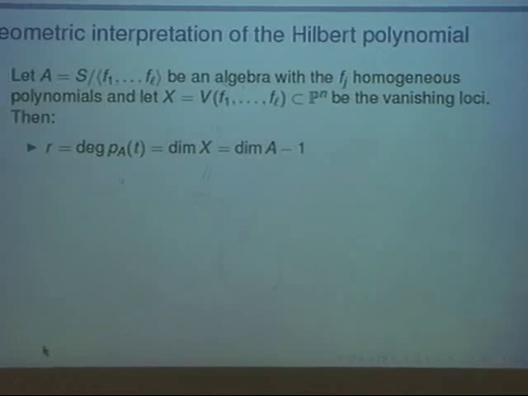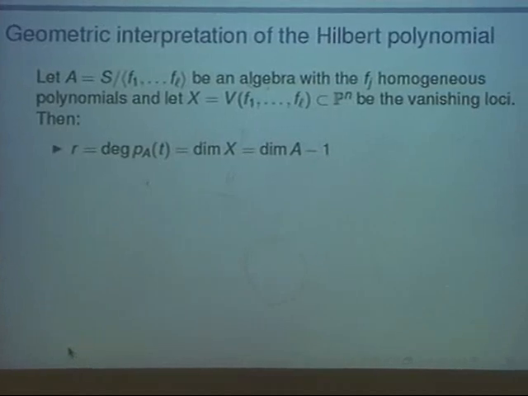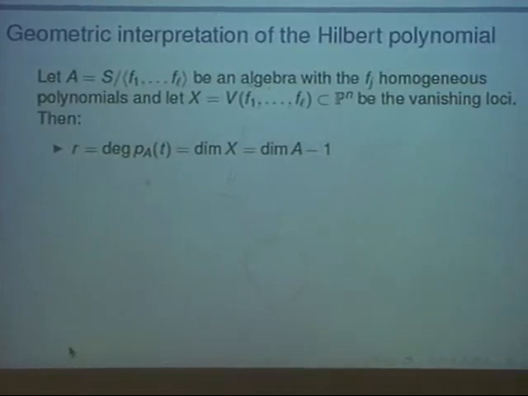Let's talk about the basic facts about the Hilbert polynomial. First, the degree of the Hilbert polynomial. If you have a ring A = S mod (F1 up to Fl), and X is the corresponding variety in projective space, then the degree of the Hilbert polynomial is the dimension of X, and this is the dimension of this ring minus 1.